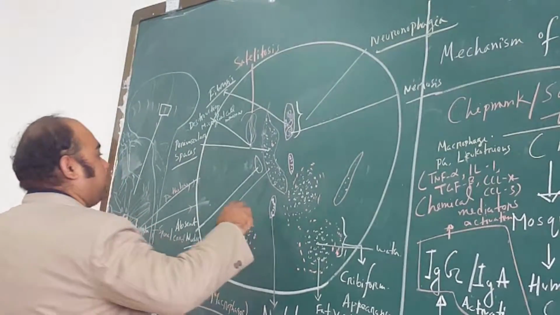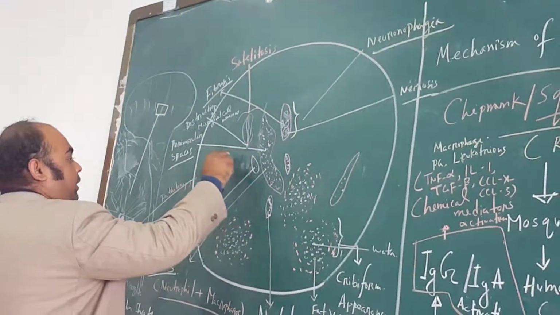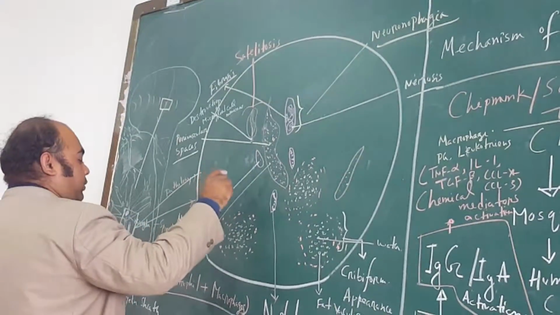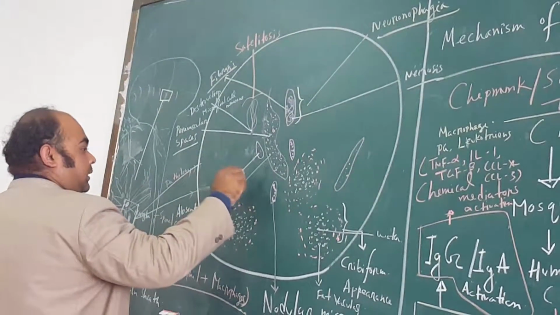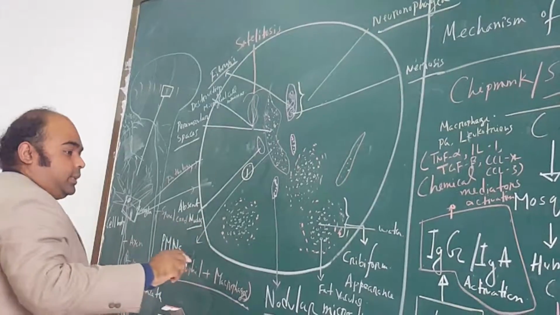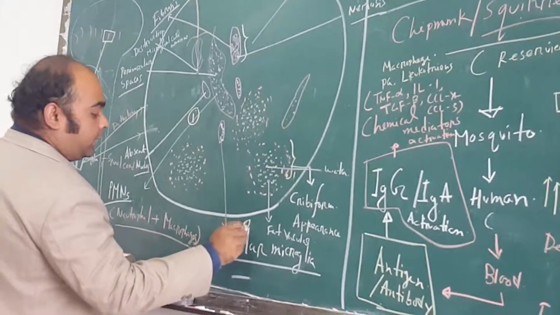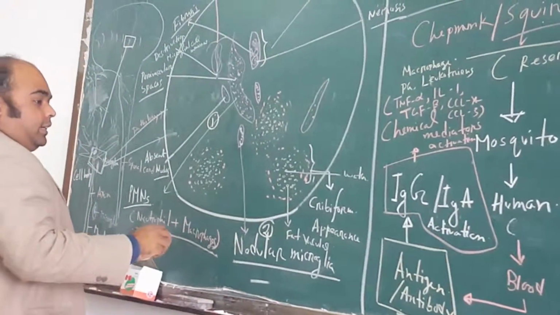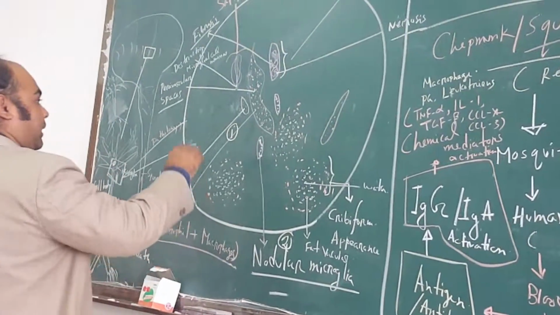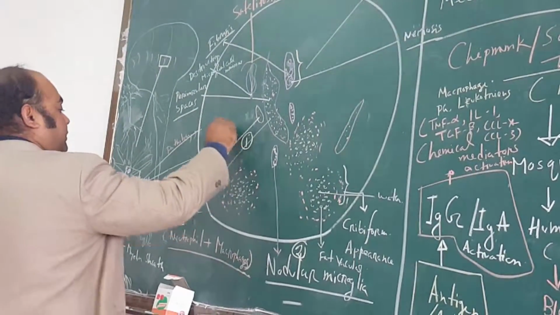So again I repeat from the beginning. Number one, perivascular polymorphonuclear cells. Number two, nodular microglial cells. Number three, some nuclei become absent.